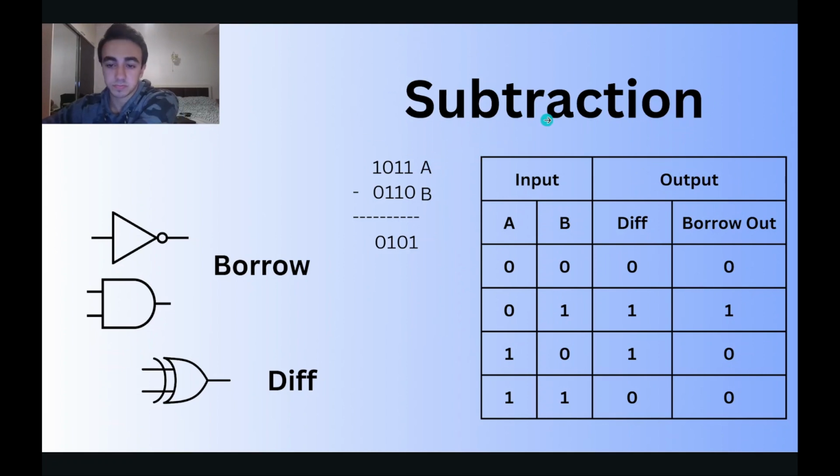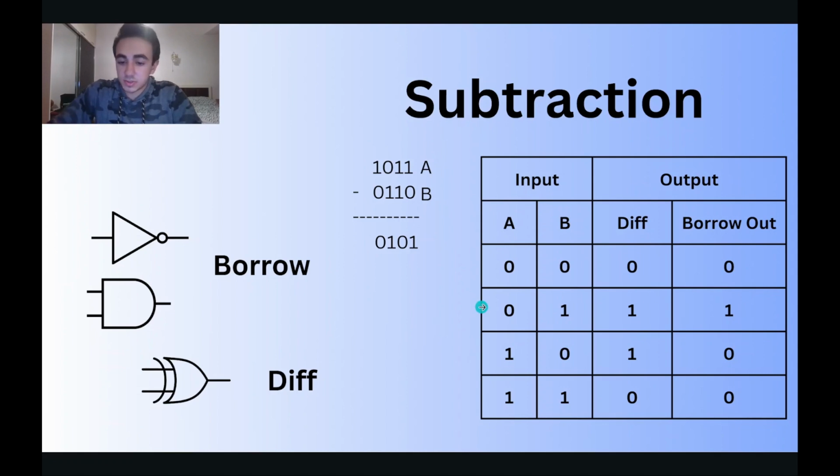Borrowing is when we take the value from the next column, from the digit in the next column, because the divider is bigger than the dividend digit.